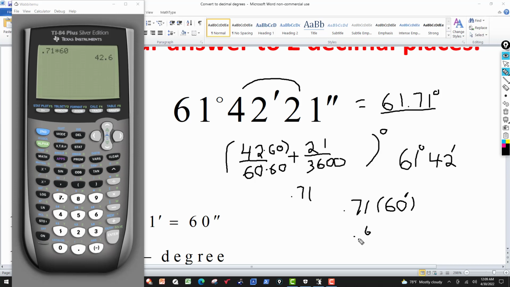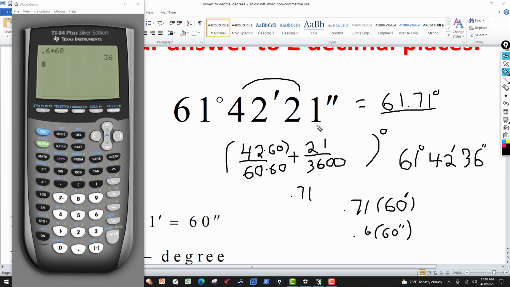That's minutes, and I know that 1 minute is 60 seconds. So I have 0.6 times 60, which is 36. And that's going to be in seconds.